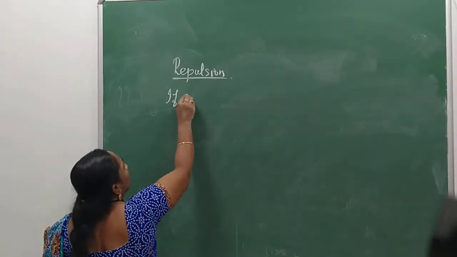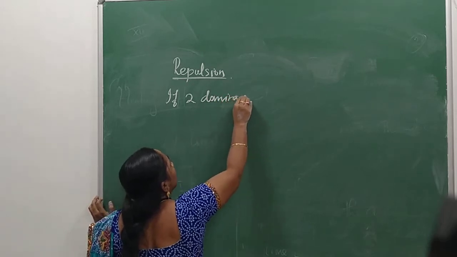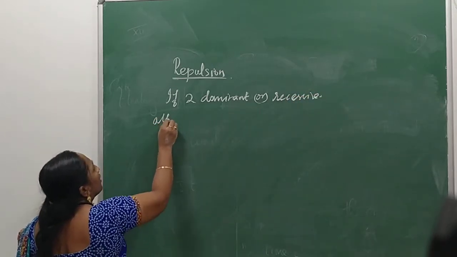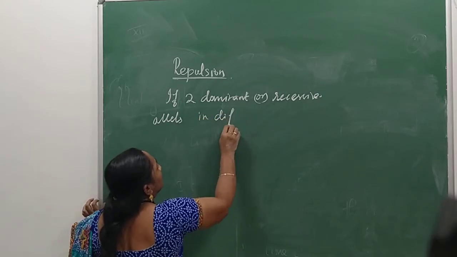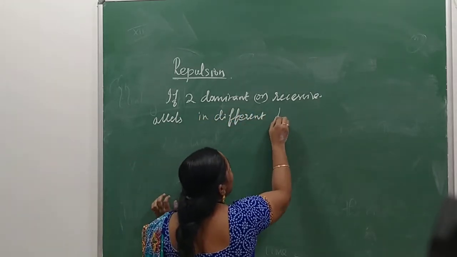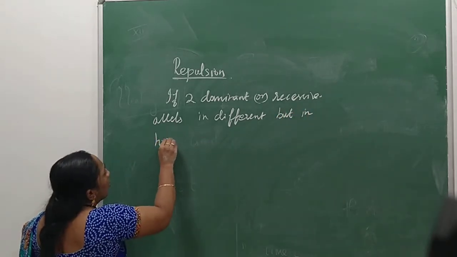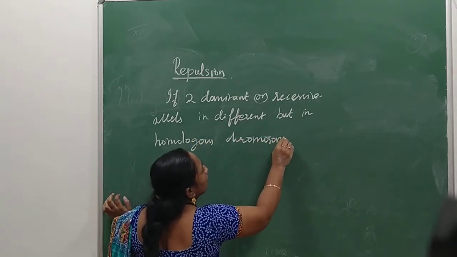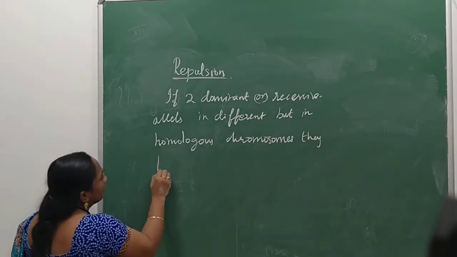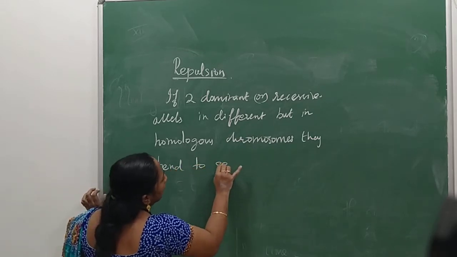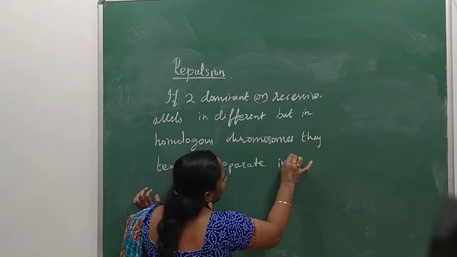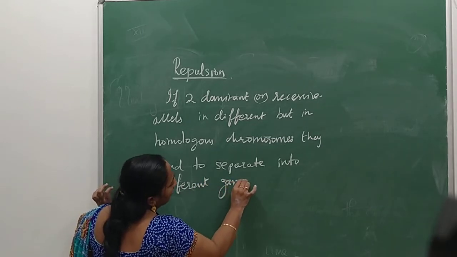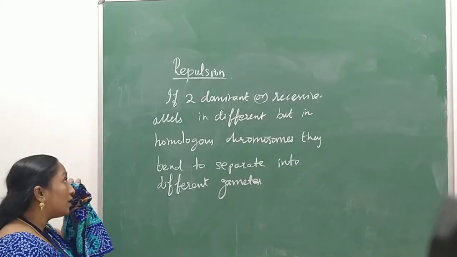If two dominant or recessive alleles in different but in homologous chromosome, they tend to separate into different gametes. So this is called as repulsion.